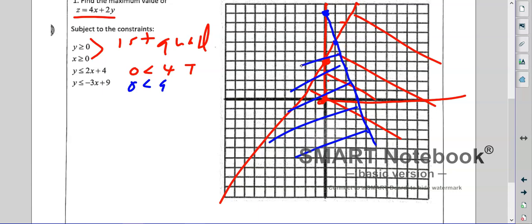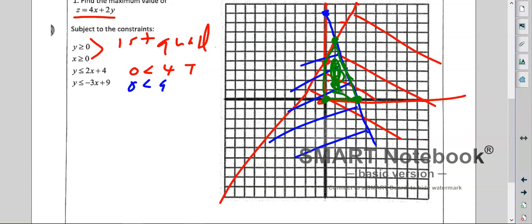All right. So that gives us an overlapping area of up here, that dot right there, down to here and here. So that quadrilateral is our feasible region.